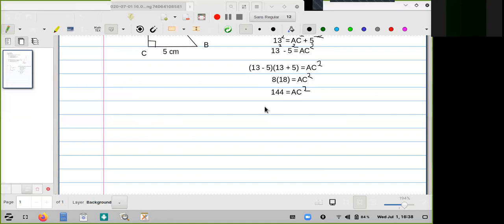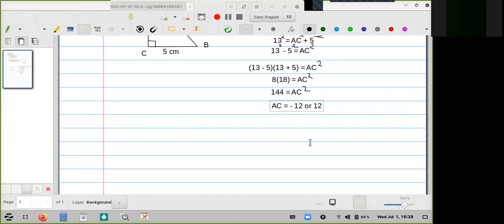So it means the number that we are squaring to come up with AC is negative 12 or 12, right?